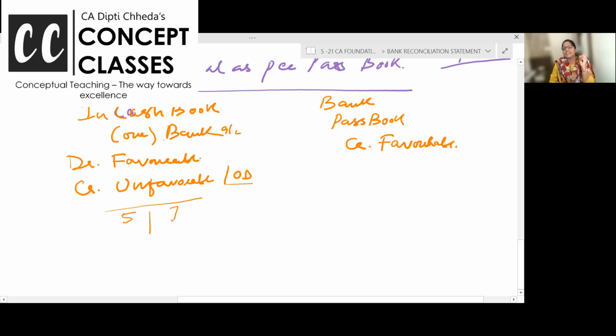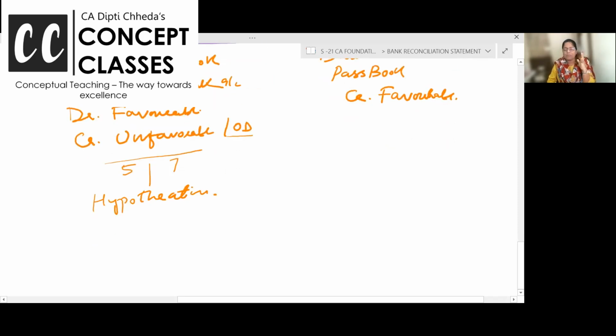But they do this against the security of the stock. That is called hypothecation. Read carefully, it is 2 minutes of extra knowledge, but very important. Many times in a business bank account, they write CC account, cash credit account, or HYP account, hypothecation account, very popularly known as HYP account. So in the cash book, in the bank account, the hypothecation account is there.